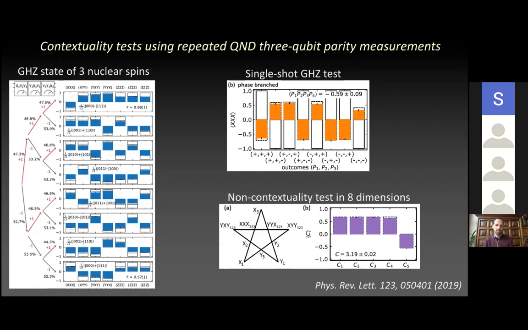So you can extend these stacks, and for instance, Cabello has done a lot of work on this to make these solid and formal, and then you can run non-contextuality tests.